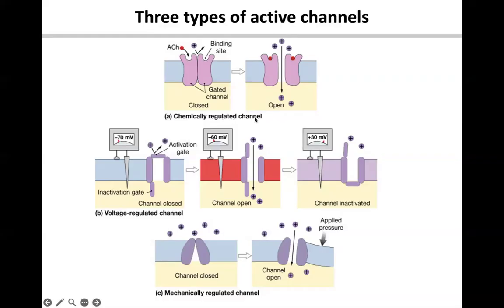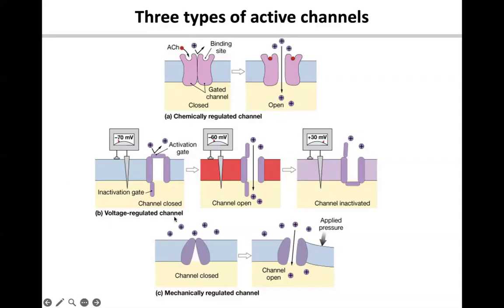The chemically regulated channels work with chemicals like neurotransmitters, which we will do again in a separate lecture. And whenever these chemicals attach to their receptor, they open these channels. As a result, sodium and potassium ions move and they do their action. The movement of these ions causes the action to take place.